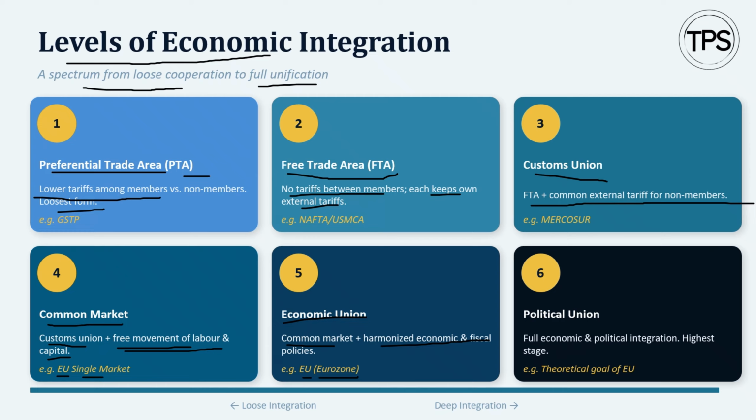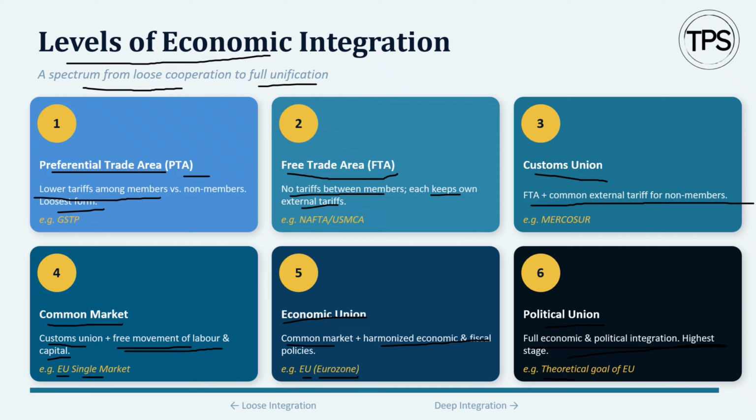There, the market is free and economic and fiscal policies are harmonized. It is not very different policies between two countries, but harmonized economic policy. Then comes the political union, full economic and political integration, the highest stage.